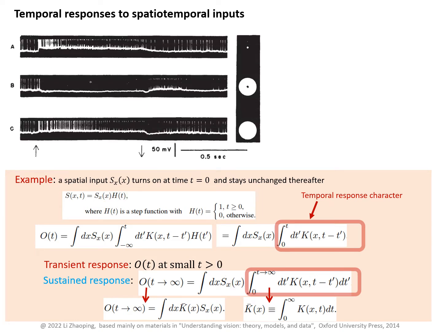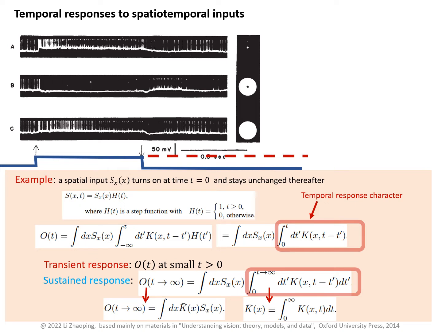In these experimental recordings, we have the visual input stimulus switched on here and then switched off later. If it does not switch off but continues, then this could be just like in our example here with this step function.